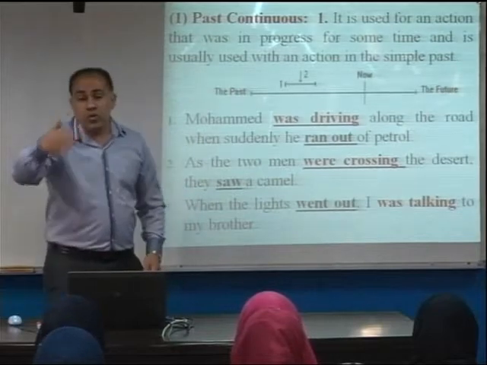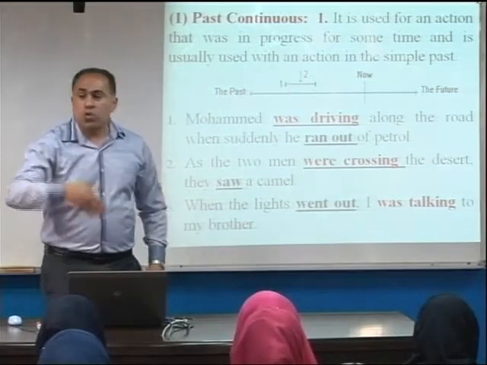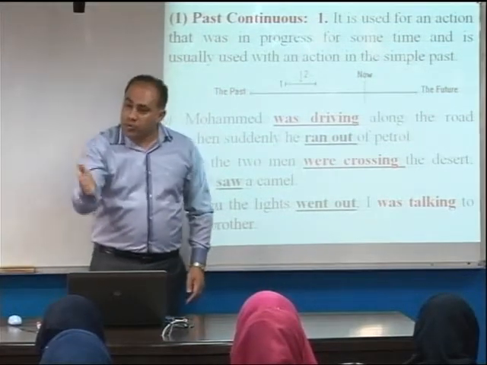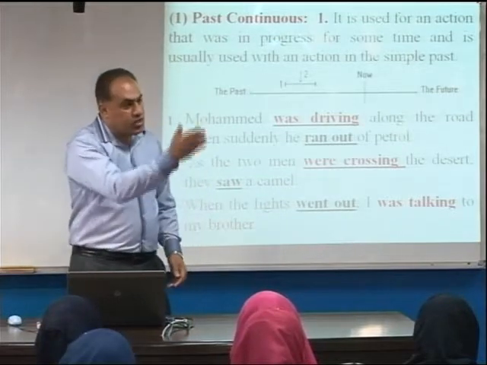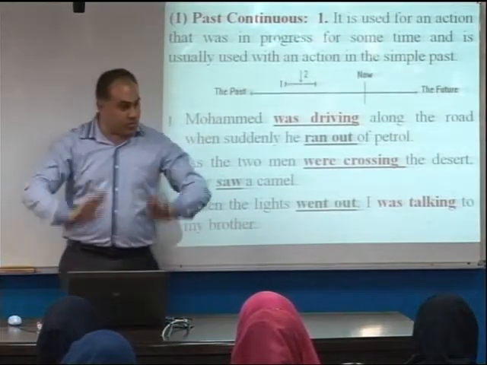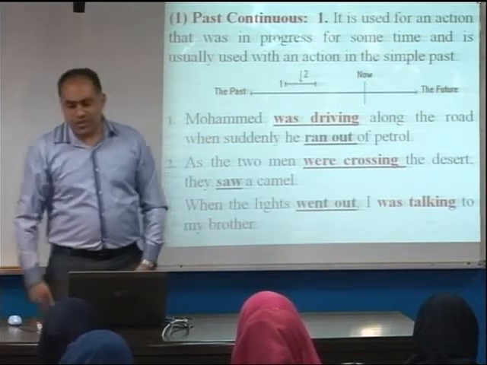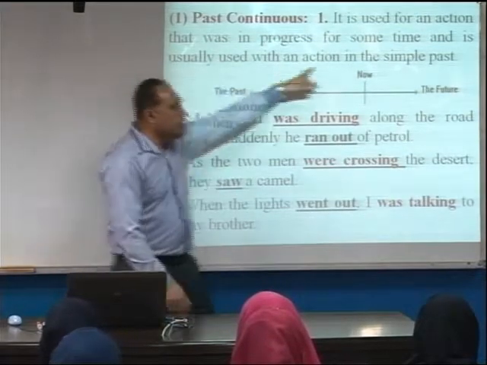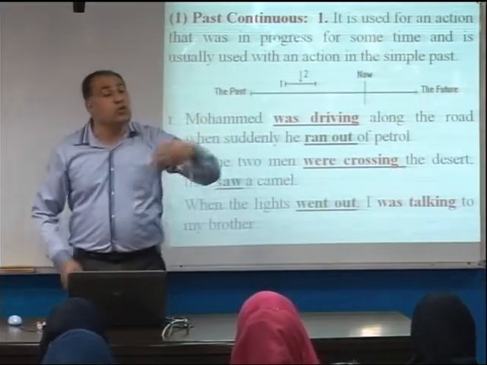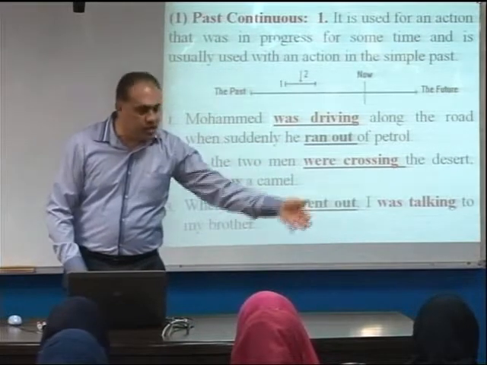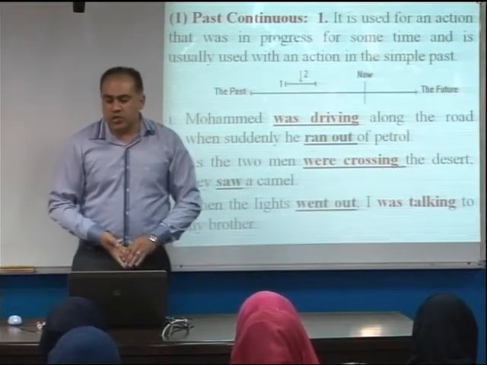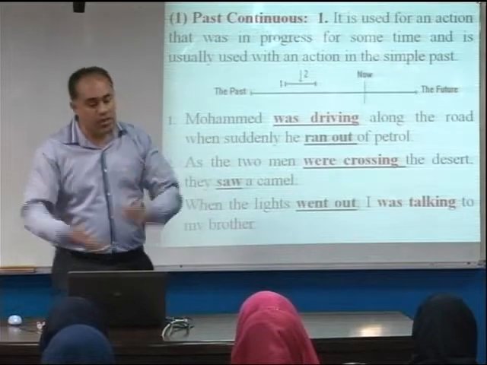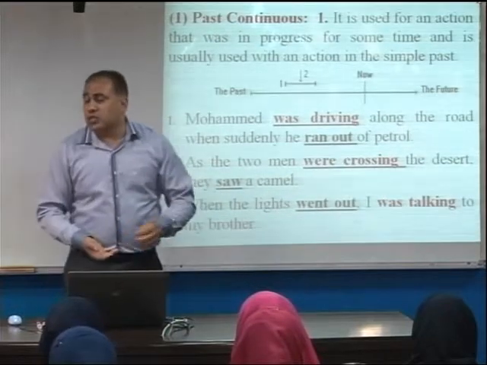That's why we call it past continuous or progressive. It was going on for some time in the past, not in the present. So it is used for an action that was in progress, that was continuing for some time, and is usually used with an action in the past.